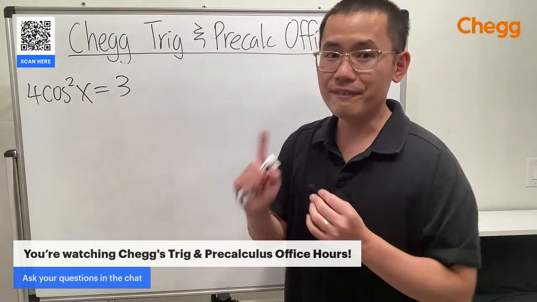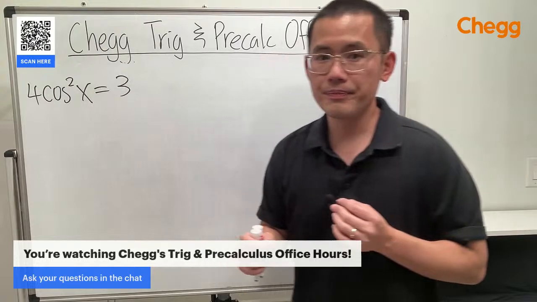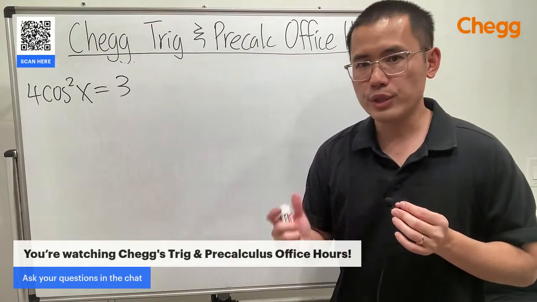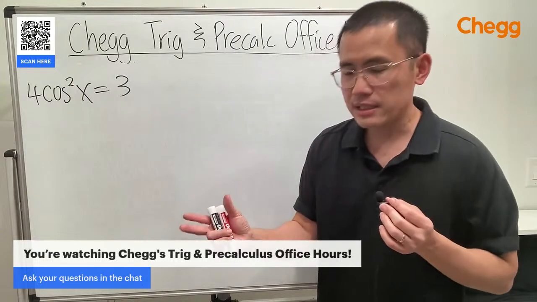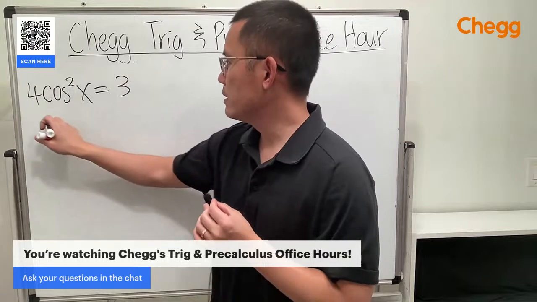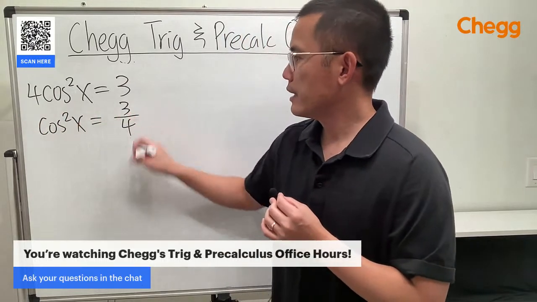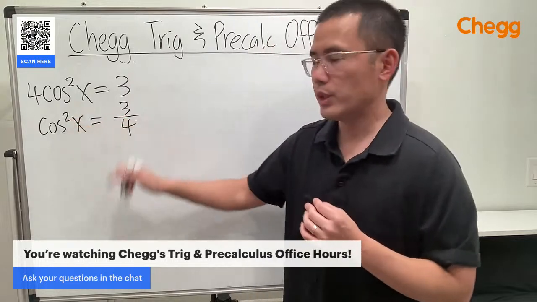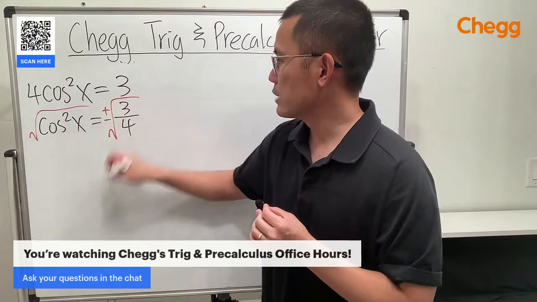So what do we do? First, you want to isolate the cosine part. Whenever you have a trig equation, you want to just work with one trig function, isolate that, and then we talk after that. So divide both sides by 4. Here we have the square though, so we are going to take the square roots of both sides, and don't forget the plus or minus.